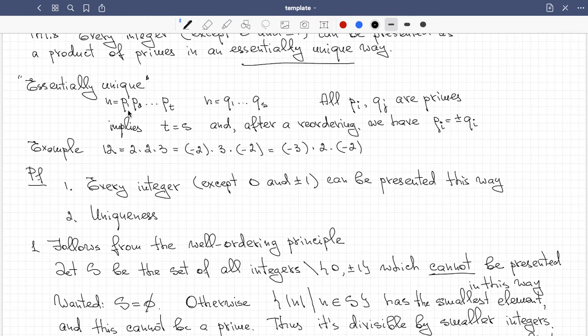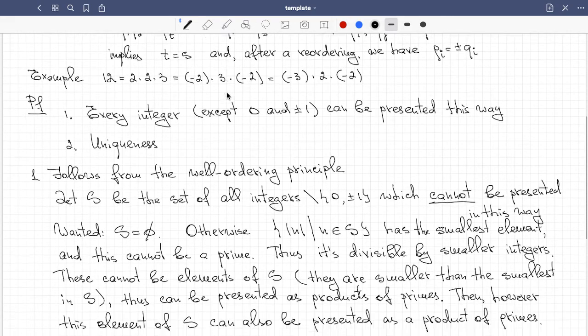You just cancel equal factors. The procedure must stop, and at this moment it cannot happen that you still have several q's, but you run out of p's. Because then the product of several q's is going to be 1, which is impossible. It's manifestly bigger than 1. They are all primes by absolute value bigger than 1. That's it. This is the way to prove uniqueness.